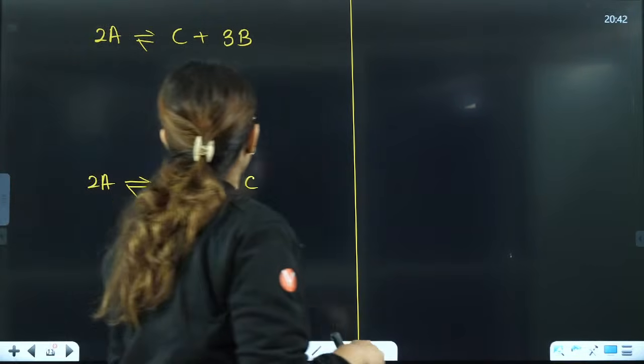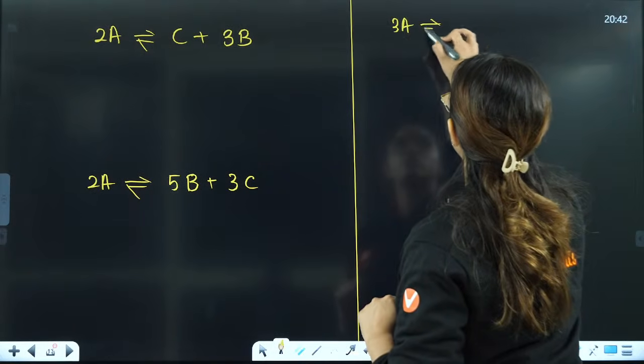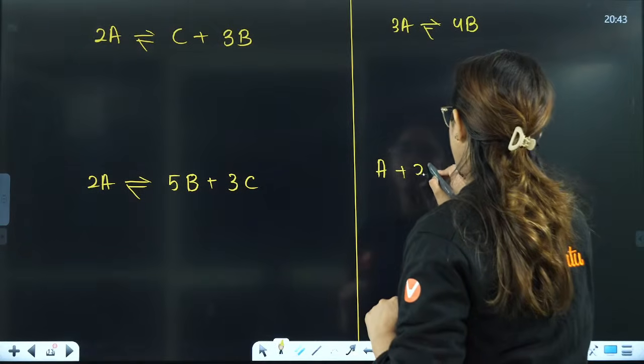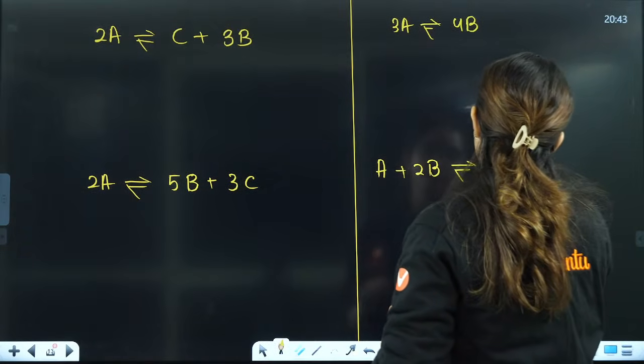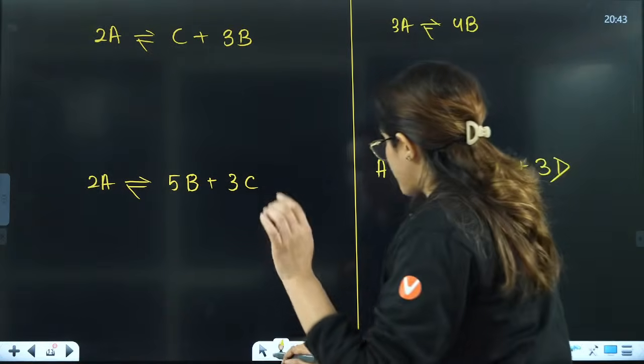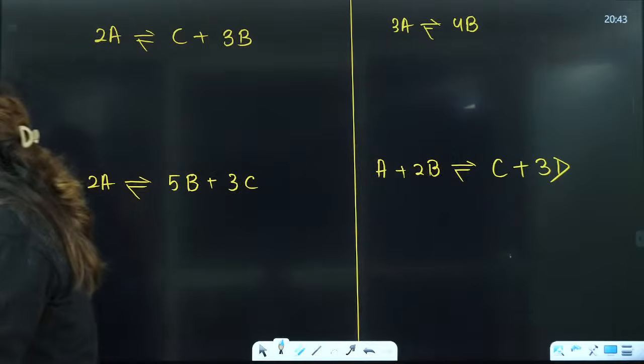Now here you have 3A gives rise to 4B. This is A plus 2B gives rise to C plus 3D. Okay. Now the condition is all of them have to be balanced, right?